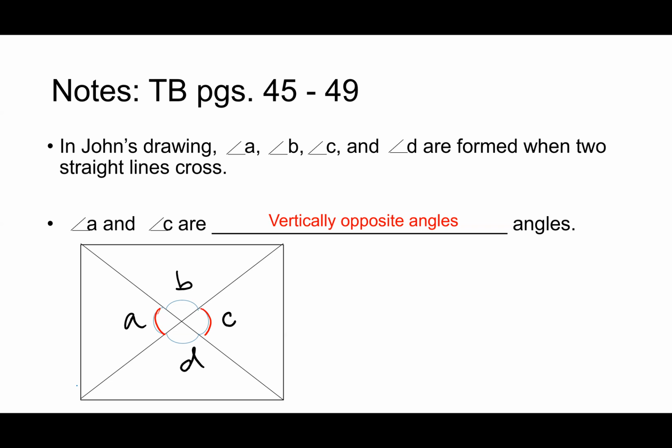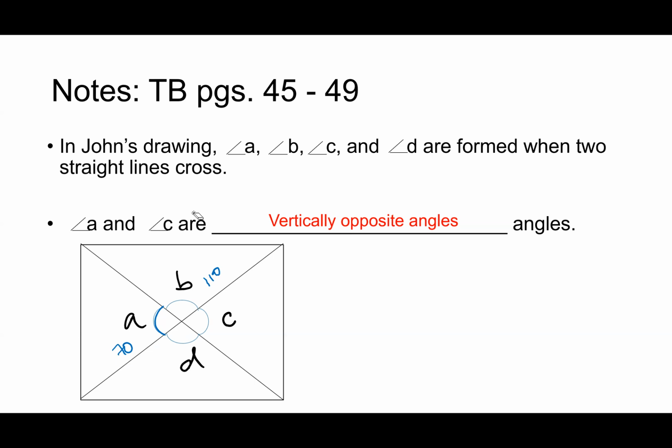Here's how we prove it. Who remembers what a straight line equals? How many degrees? Kendall? 180. Okay. So straight line equals 180, right? So let's say A equals 70 degrees. We're just making stuff up right now. What would angle B equal? 110 degrees, right?